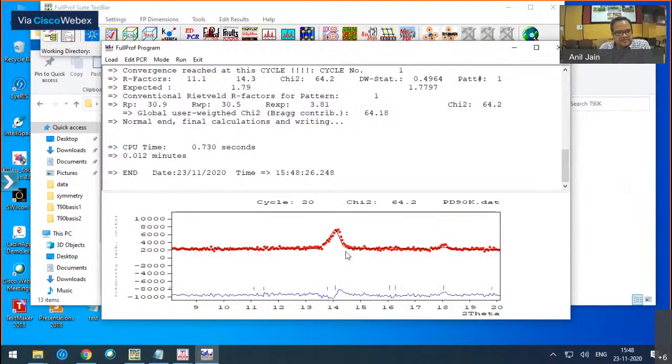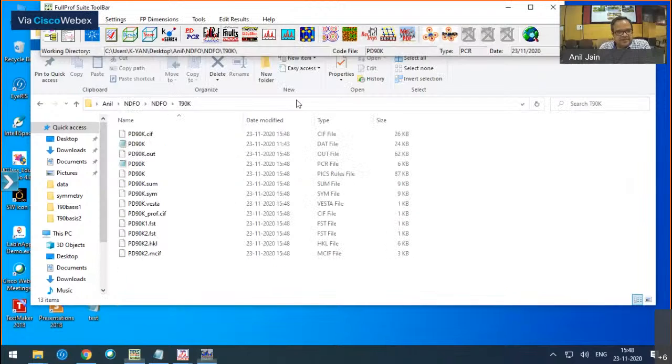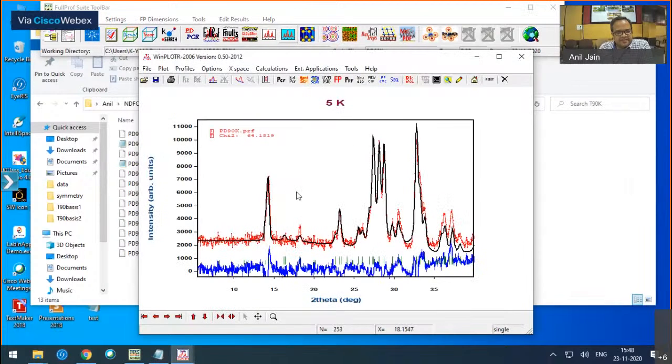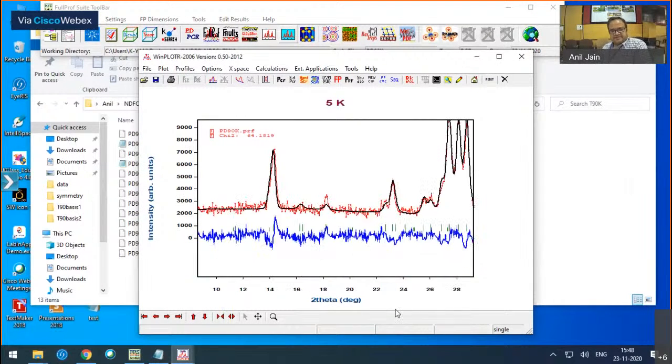So it looks excellent. We are getting very good agreement with the observed data. This kind of fitting you can also get if you try it with the basis vector information. So it is your choice how you want to work with this magnetic phase.